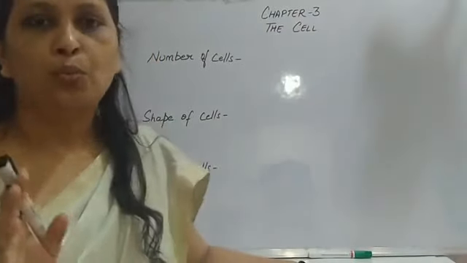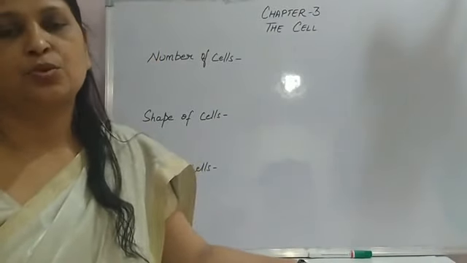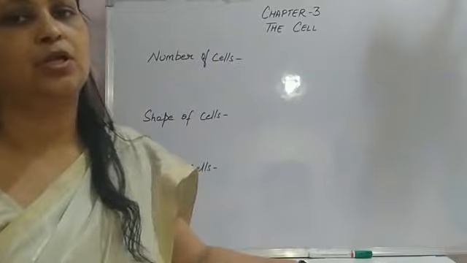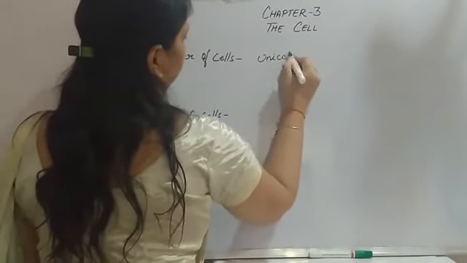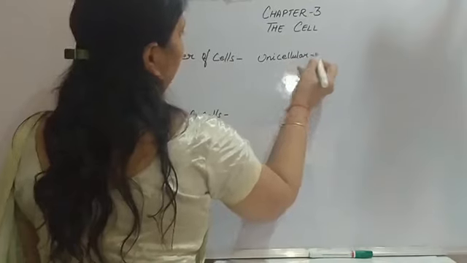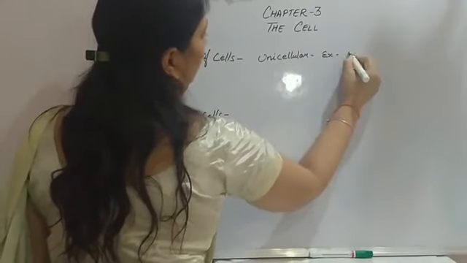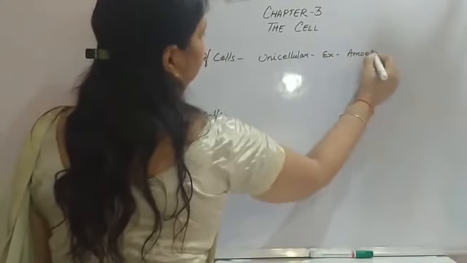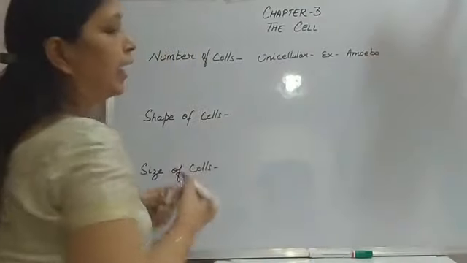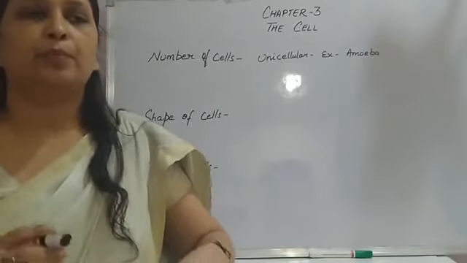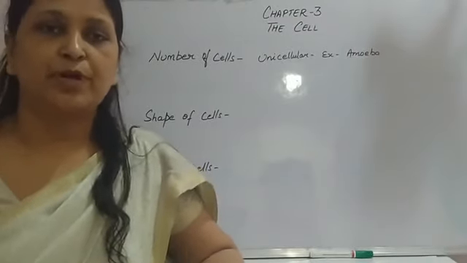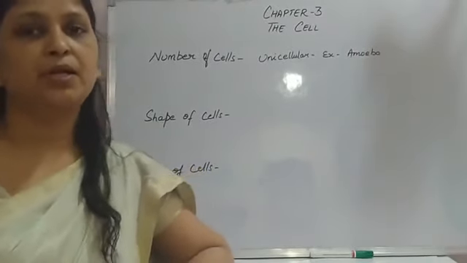An organism with one cell is known as unicellular. Example, amoeba. And organisms whose body is made up of many cells are known as multicellular.